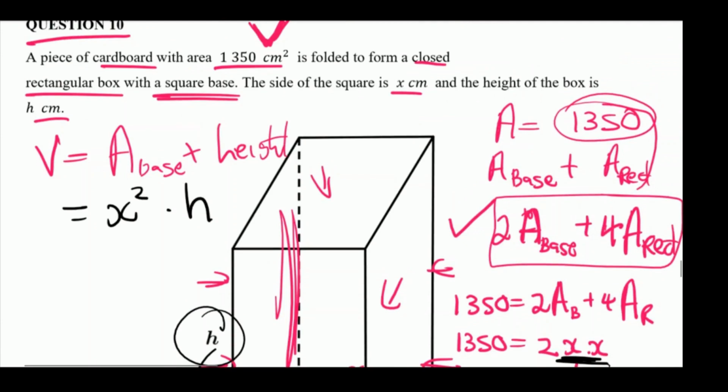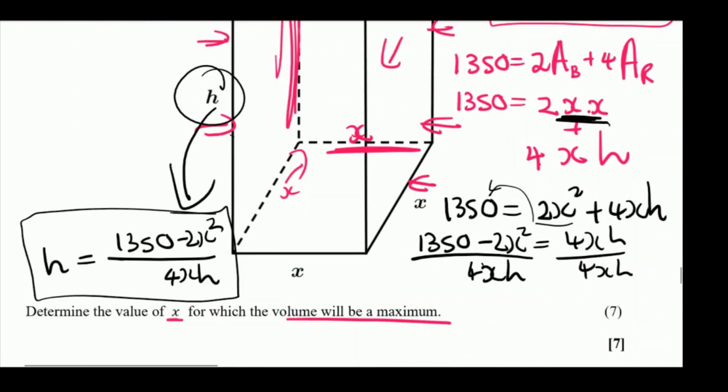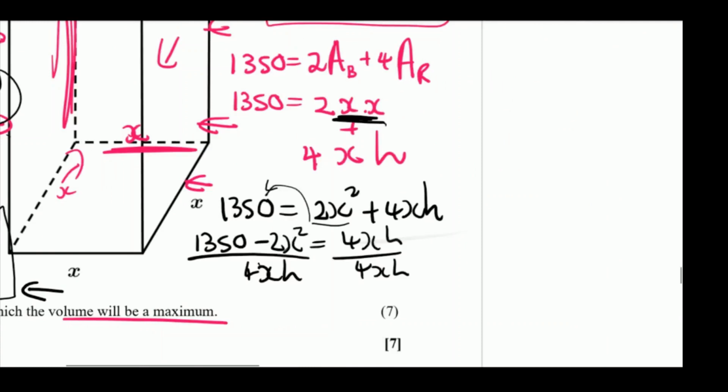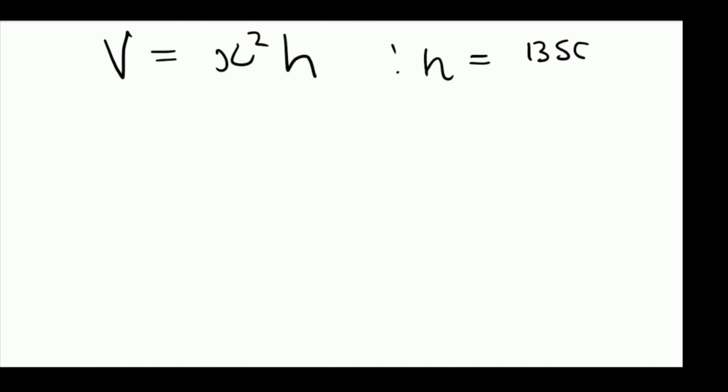So meaning your volume will be equal to x squared times h, and our h we already found here, right? So let me write this properly. We have the volume being equal to x squared times h, but h is equal to (1350 minus 2x squared) all over 4x, right?